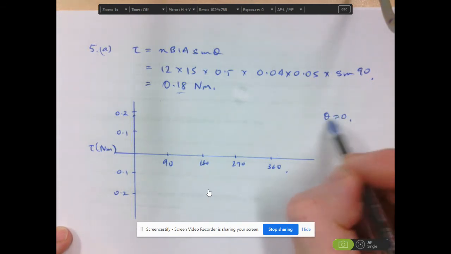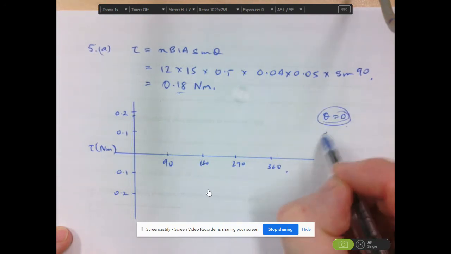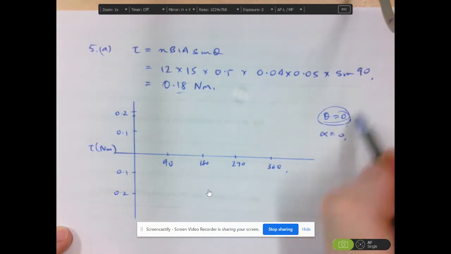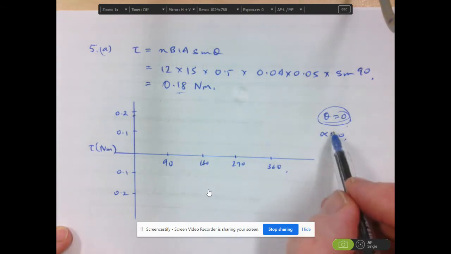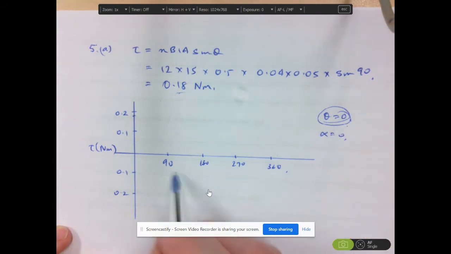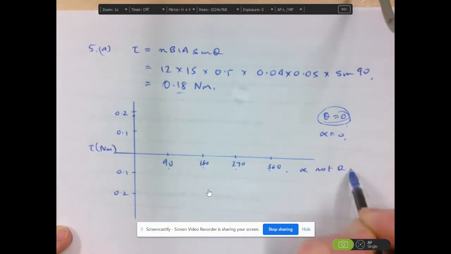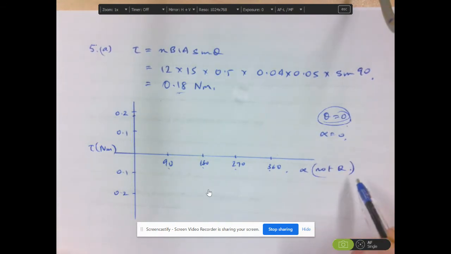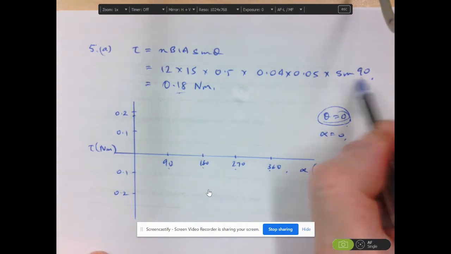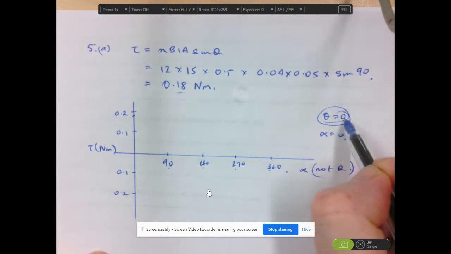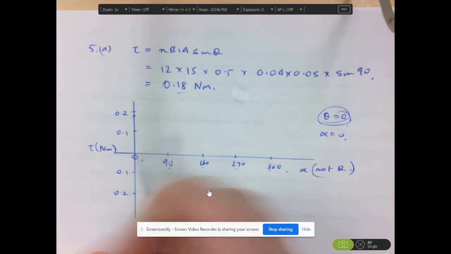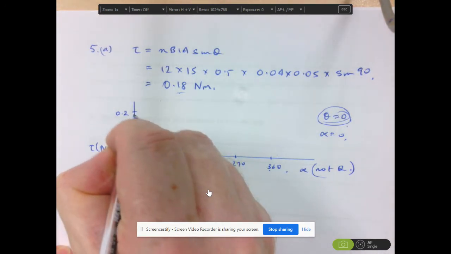Now, this is not theta equaling 0, this is alpha equaling 0, because at the moment we are horizontal. So we're at maximum torque. So these numbers here represent alpha, not theta. So we have a maximum torque at its position there.